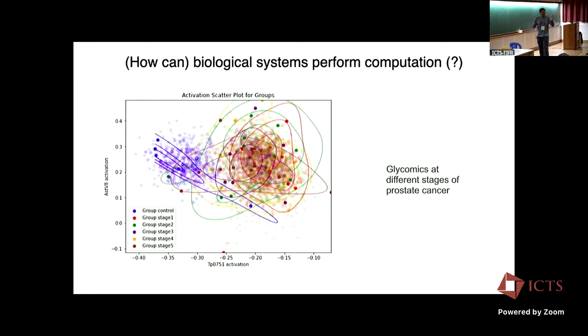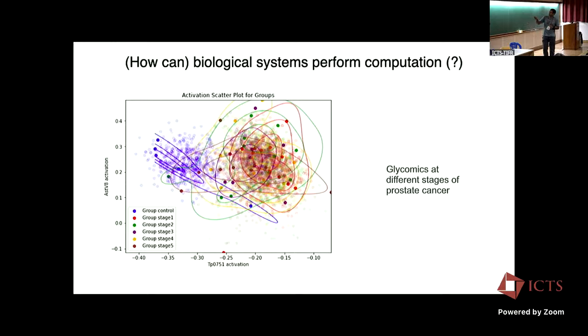So just to maybe drive home this point a bit more, this is a different kind of assortment. If you just look at mass spec glycan data, you pick lectins that you think are important, and you plot it in this sort of low dimensional space.